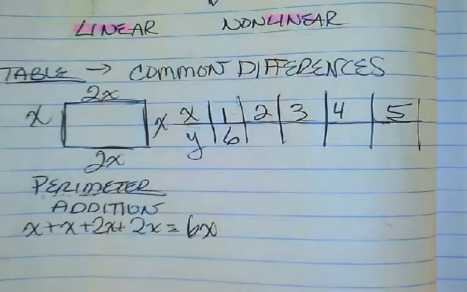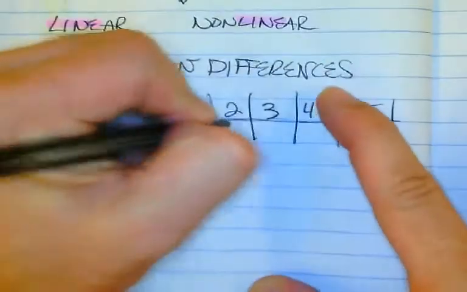What's his perimeter? Cool, so we're saying 6 times 2, right? 12. Very good, Eric. 12.